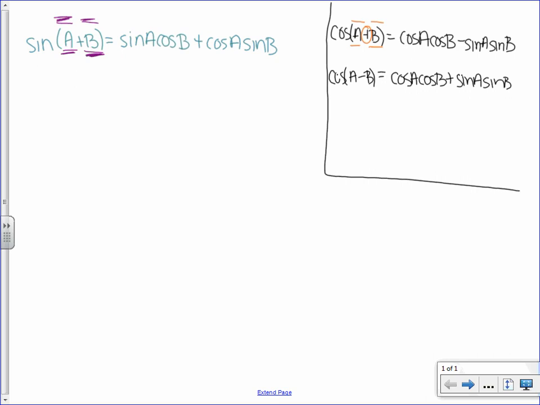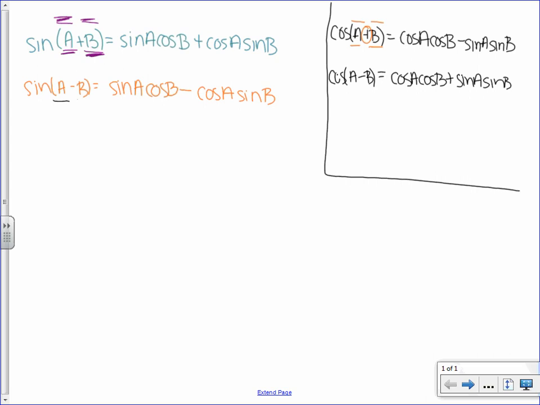And it is going to be the same thing for the sine of A minus B. It is going to be sine, cosine, cosine, sine. It's just like going left to right.